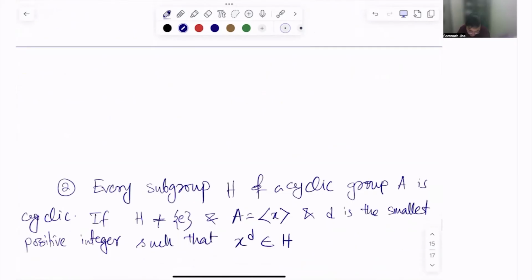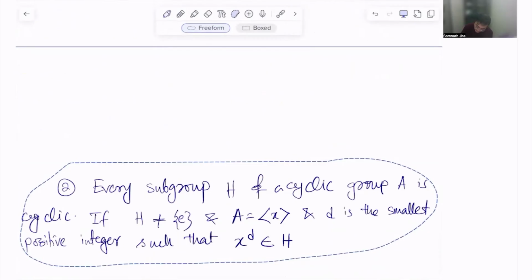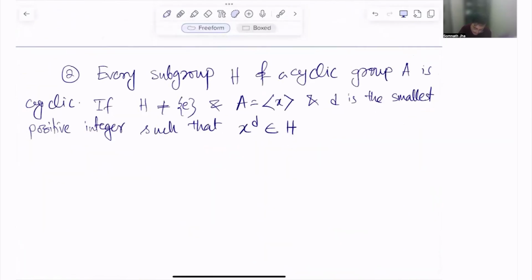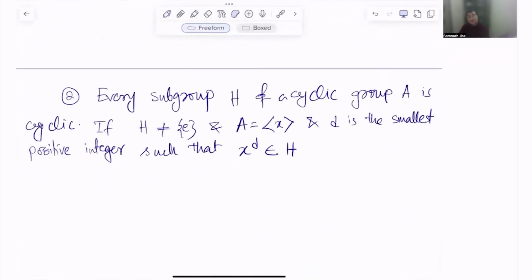So next is a couple of basic results about cyclic groups. We'll recall that every subgroup of a cyclic group is cyclic. So if you have a cyclic group A, and if H is a subgroup of the cyclic group, then H also must be cyclic.